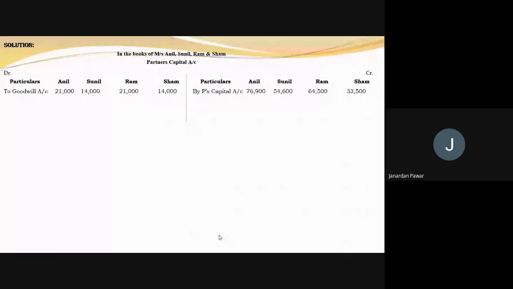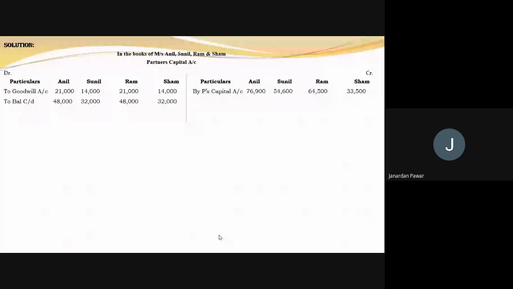Then we have to make here the adjustment of that particular 1,60,000. So 1,60,000 is the total capital of the 4 partners, and that will be distributed among the partners in their new profit sharing ratio. So if you calculate Anil's capital, you have to calculate 1,60,000 into 3 divided by 10.